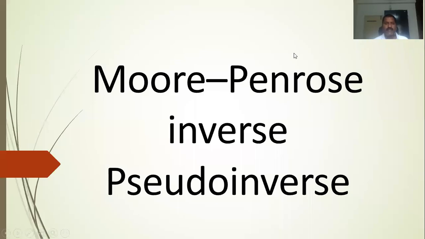In today's class, we'll see how to find the pseudo inverse. Normally, if A is a square matrix and A inverse exists, then A into A inverse equals A inverse into A equals an identity matrix.